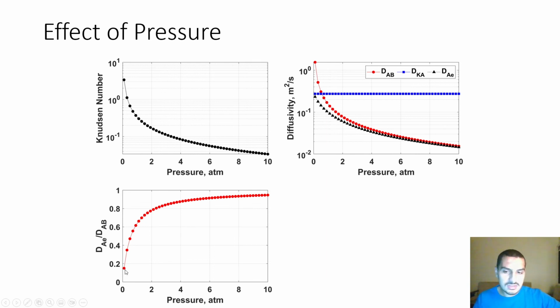So it's less than 20% of the molecular diffusivity. But as the pressure increases from 0 to 2 atmospheres, you would see that it's almost 80% of the molecular diffusivity. And as you increase the pressure more, it's getting closer until it's going to be almost pure molecular diffusivity. So these are nice graphs that tell us a lot about what we mentioned in the equations that we described before.